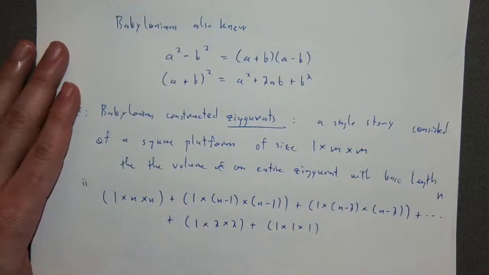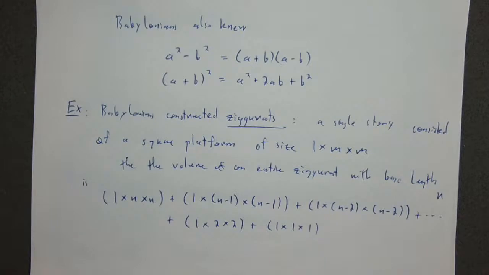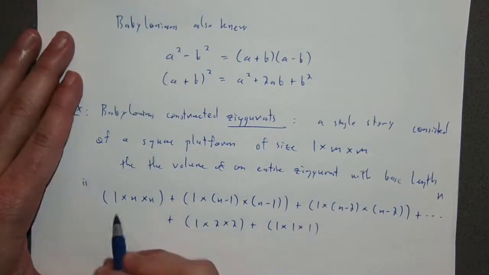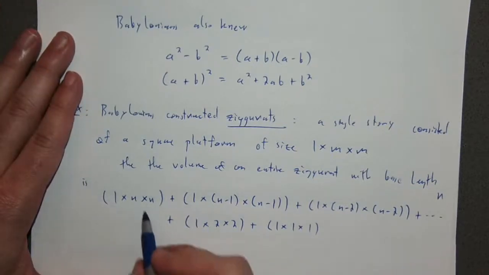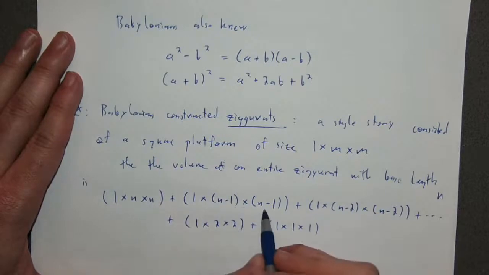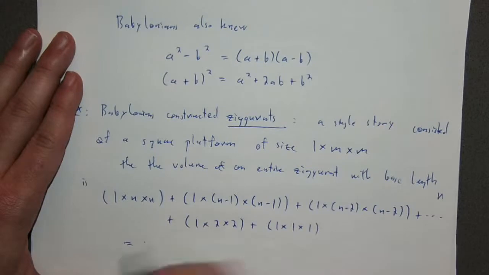But what is this? I'm adding the volume of each story individually, and they're sitting on top of each other. If we just go through, of course, the fact that I have a 1 here, this is n times n, this is n minus 1 times n minus 1. What is this? This is rewriting it backwards.